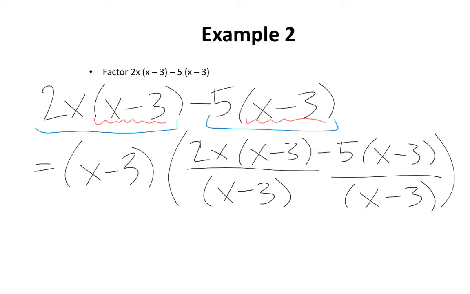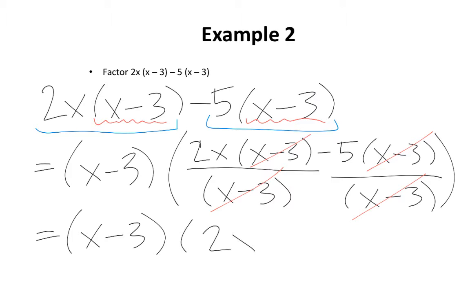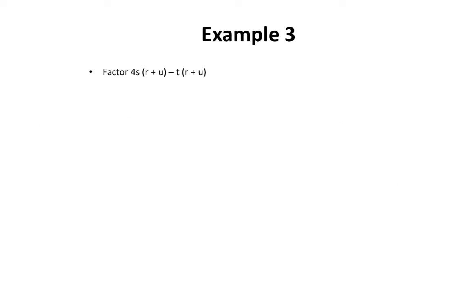When you're dividing something by itself, it cancels out because it's equal to 1, and that 1 pretty much disappears. Therefore, we're left with (x minus 3) multiplied by (2x minus 5). And again, you can use your distributive property to double check your answer.